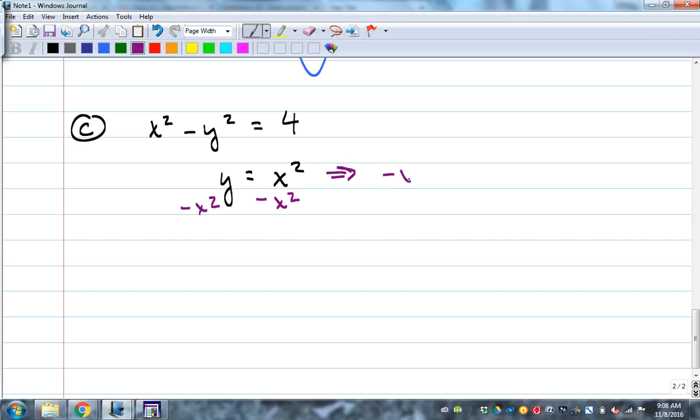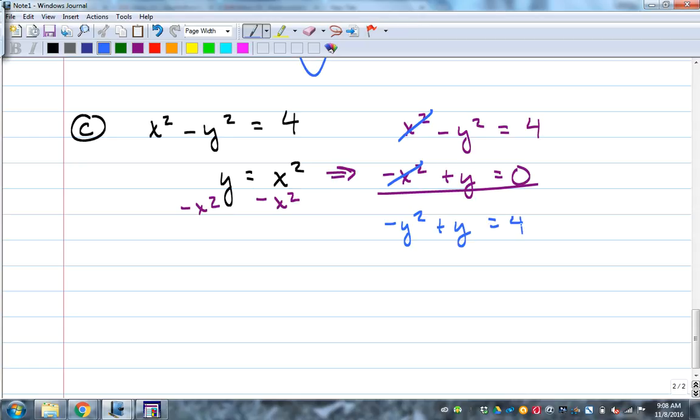So that'd be -x squared plus y equals 0. Yeah, and then we don't have to deal with the y to the or x to the 4th power. That's good. So when I do that, the x squareds cancel each other out with elimination. I got -y squared plus y is equal to +4.